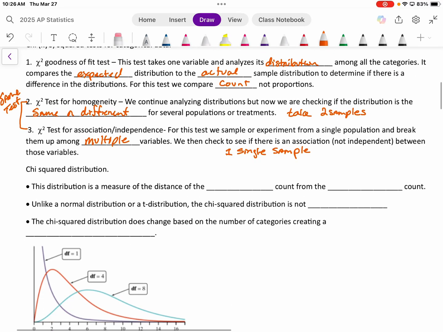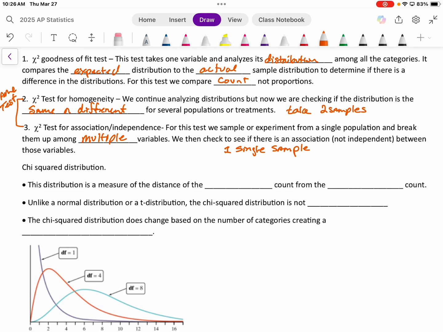When we look at a chi-squared distribution, this distribution is a measure of distance of the observed count from the expected count. Unlike a normal distribution or a t-distribution, a chi-squared distribution is not symmetrical.